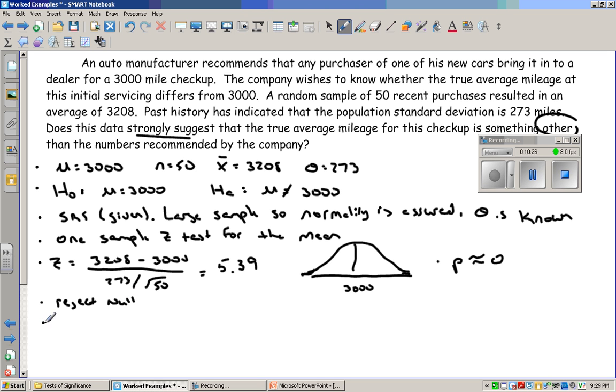And so finally, we just need to state the conclusion in context. So we can say that since the p-value is essentially 0, we reject the null.